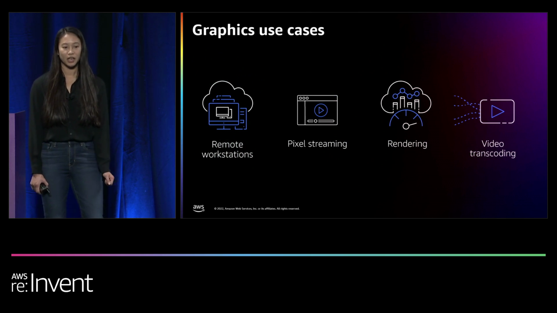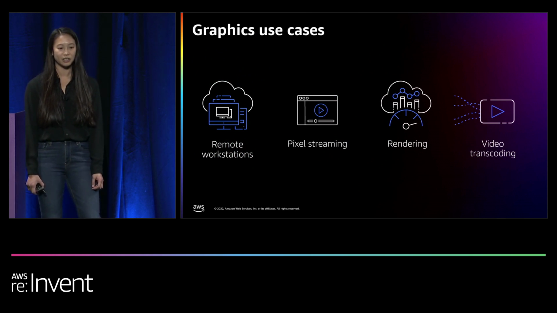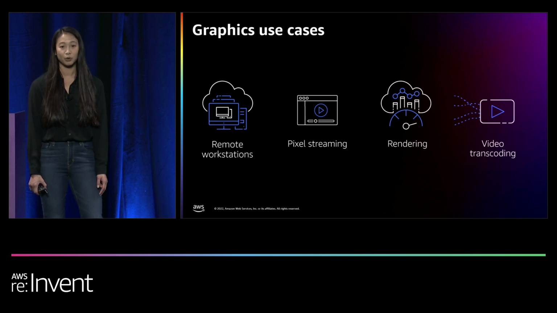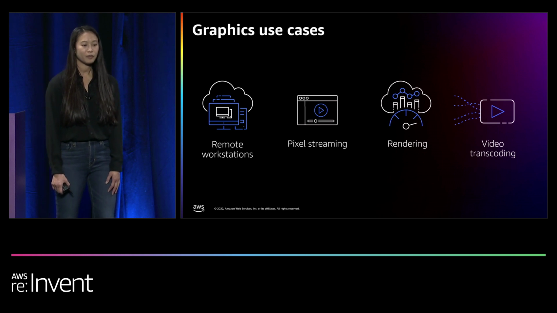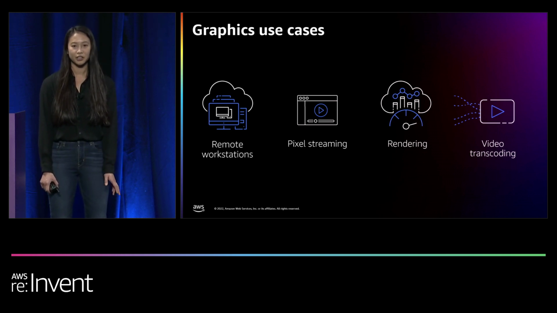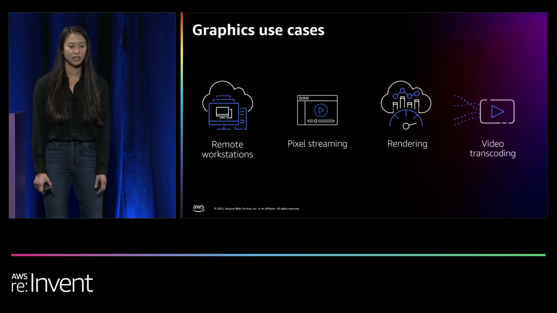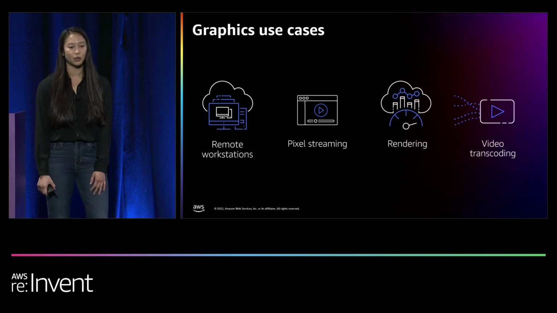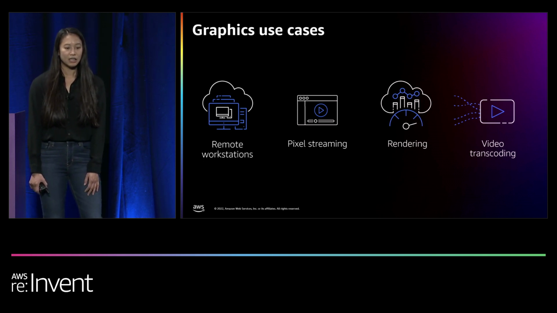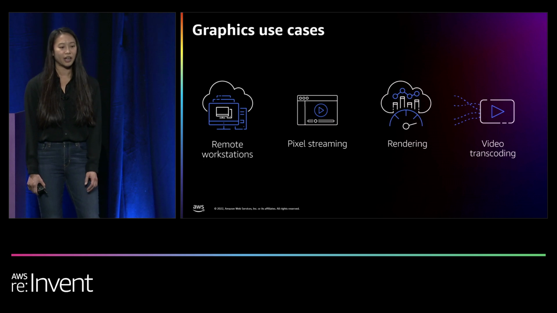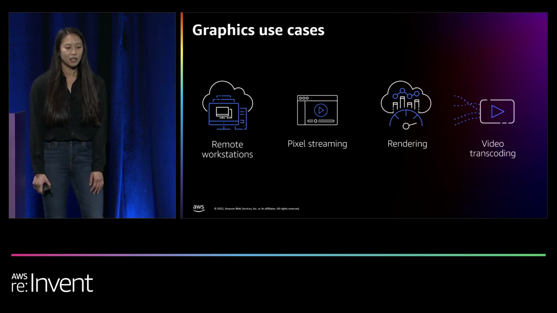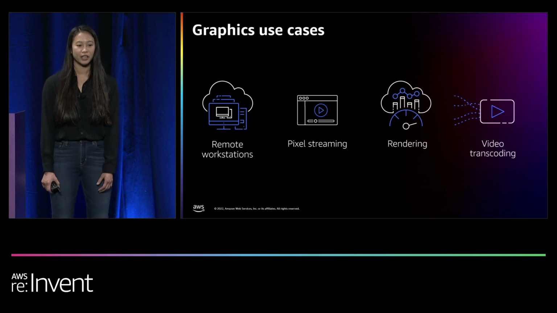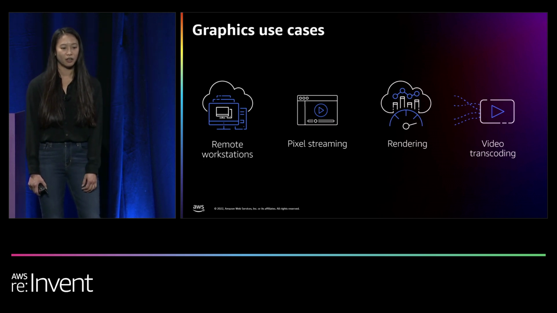Across the industries we just talked about, we see 4 main graphics use cases: remote workstations, game or pixel streaming, rendering, and video transcoding. Customers in gaming, architecture, engineering, construction, media and entertainment, and energy are using remote workstations for graphics-intensive workloads like game development, creating animation and visual effects, editing live-action video, creating and editing CAD models, and visualizing 3D seismic data.